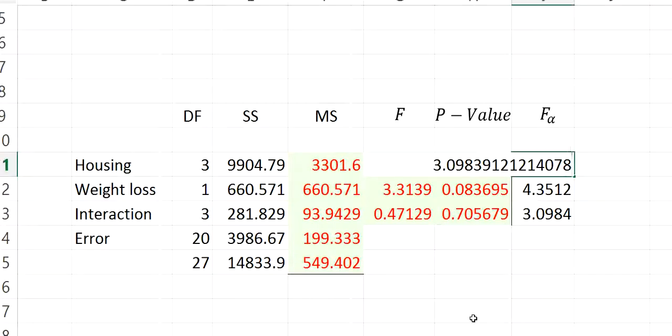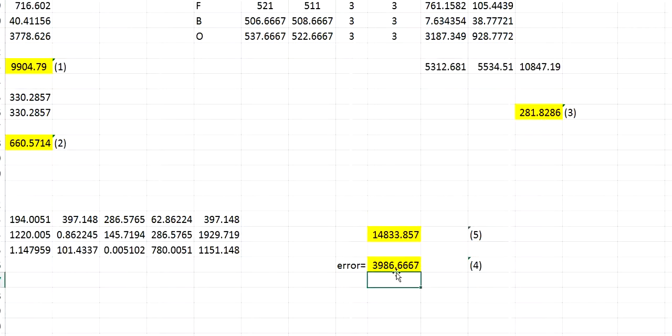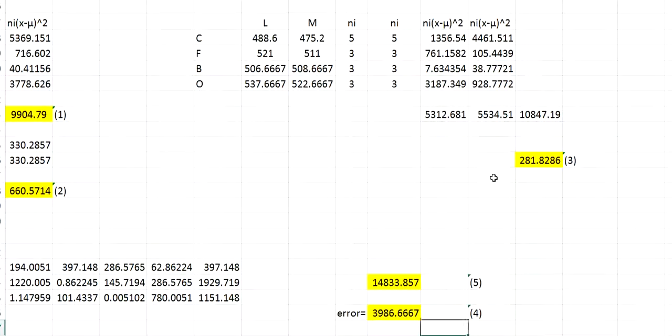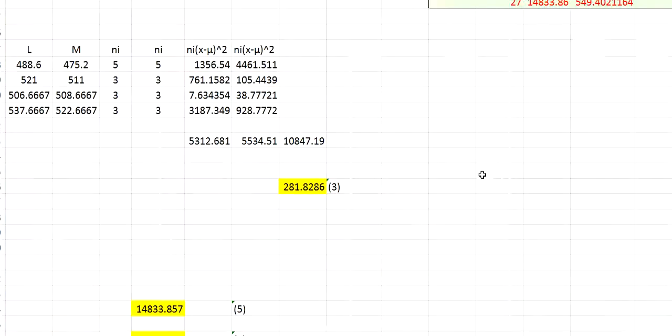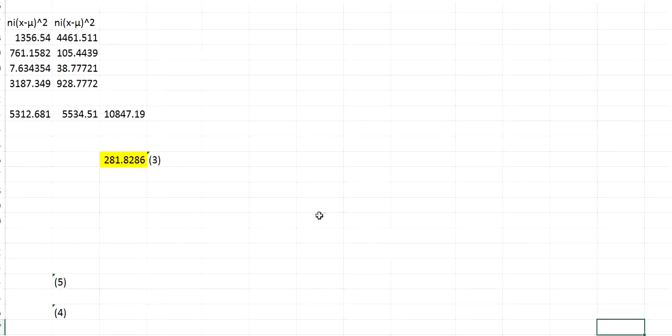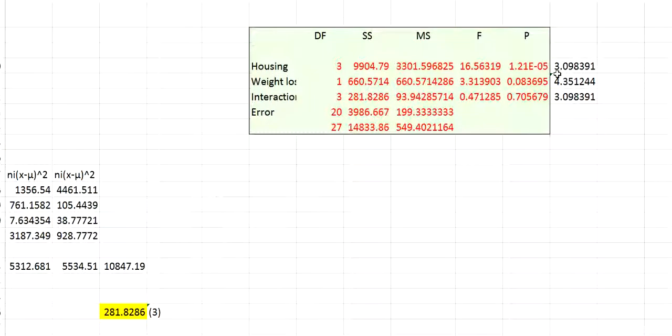You can use the Excel formula right here to calculate the critical values, and that formula is FINV 0.05, numerator degrees of freedom, comma, denominator degrees of freedom. Okay, so those will give you the critical values.